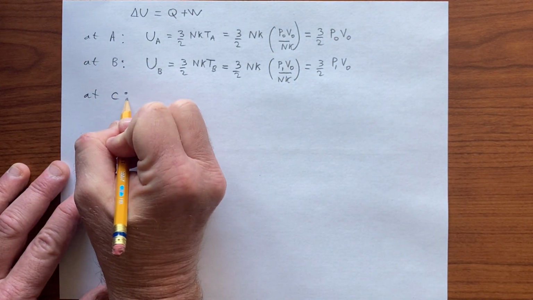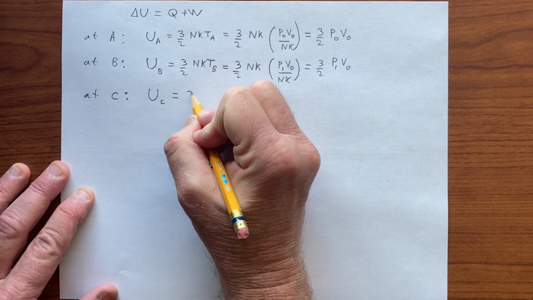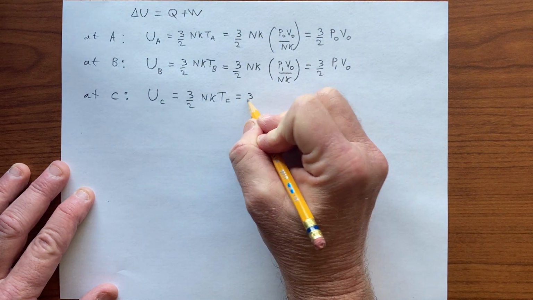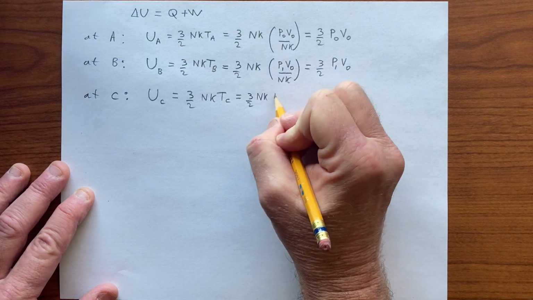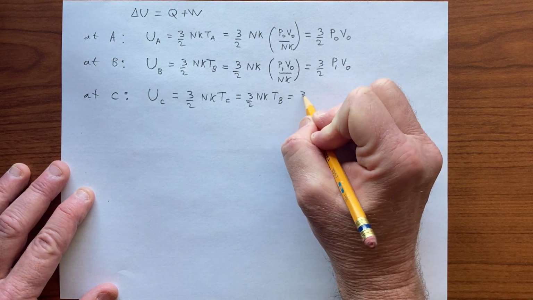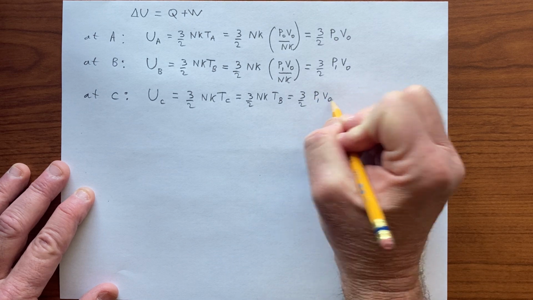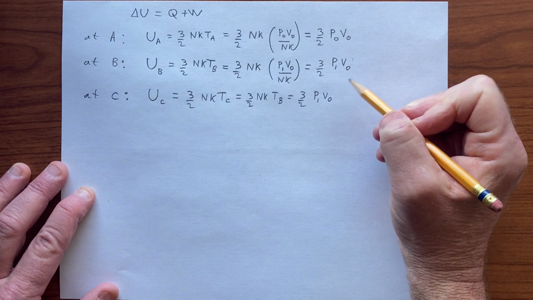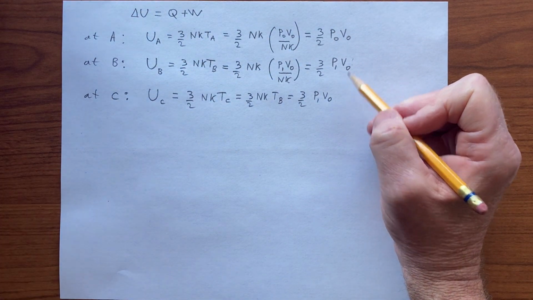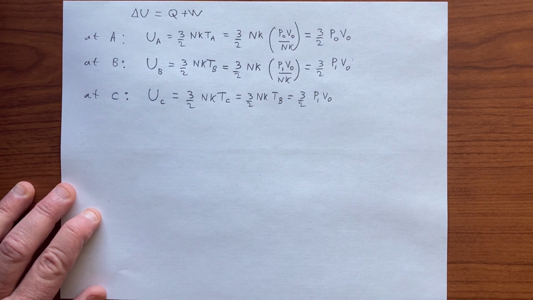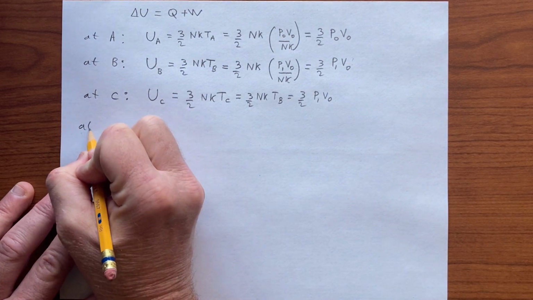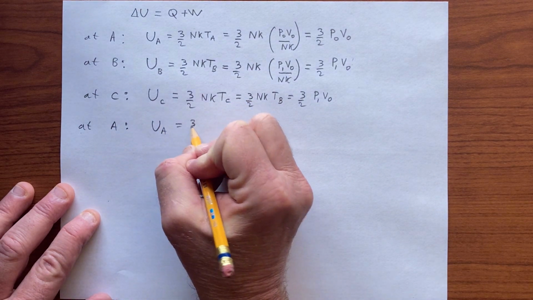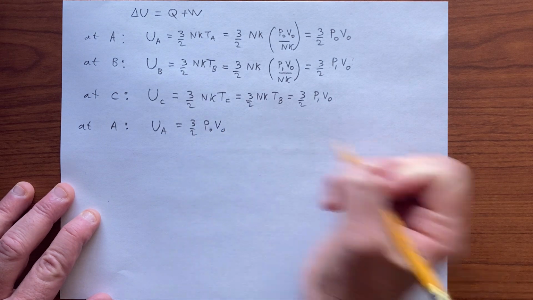At C, the internal energy is 3/2 NK TC, which is 3/2 NK TB, which is, again, 3/2 P1 V naught. Right, the internal energy hasn't changed from point B to point C because it's an isothermal process. The temperature hasn't changed. So then we go back to A. Of course, at point A, we again have UA equals 3/2 P naught V naught.